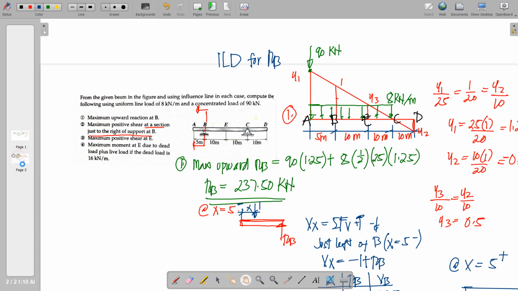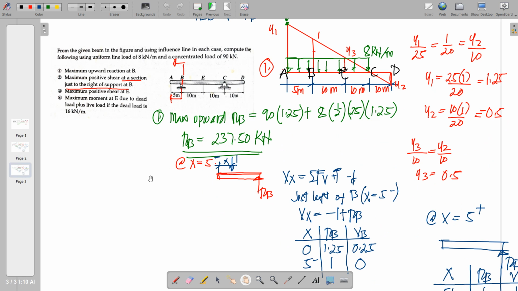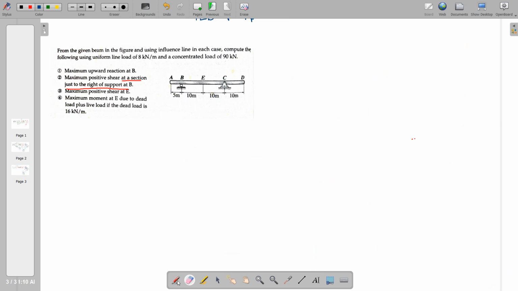So let us proceed to the next unknown. We have the maximum positive shear at E. The shear at E is enclosed by 2 supports, so we can use the Mahler-Breslau principle for our shear.